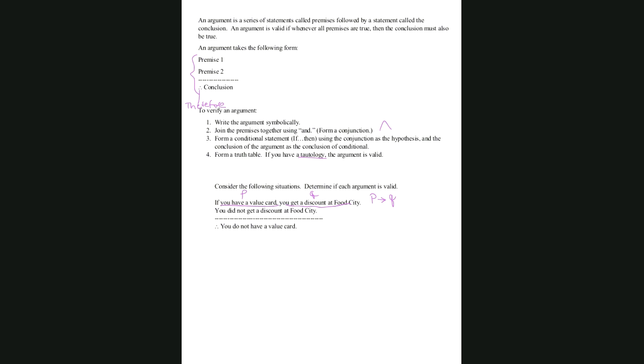If you get a discount at Food City is Q, then you did not get a discount at Food City is not Q. And remember, with the not, we use a tilde. So therefore, I'm going to conclude that you did not have a value card, so not P.